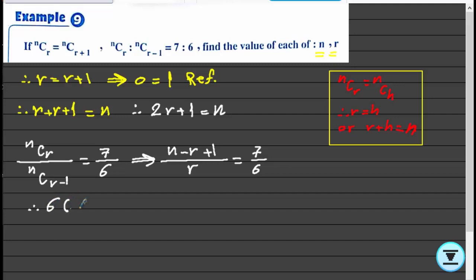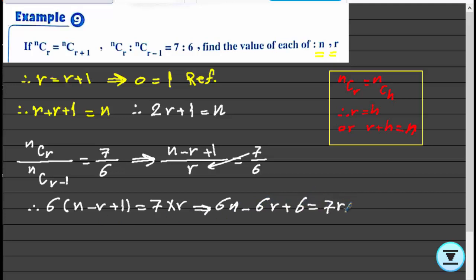Cross multiplication, here we have 6 multiply n minus r plus 1 equals 7 multiply r. 7 multiply r here. So 6 multiply n, it is 6n. Okay, minus 6r plus 6 equals 7r.